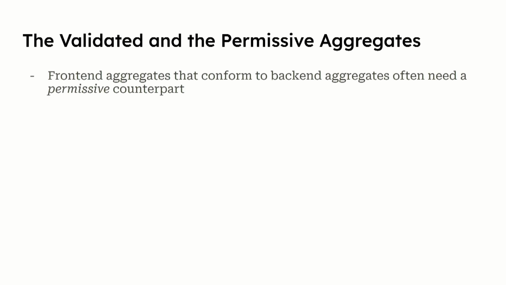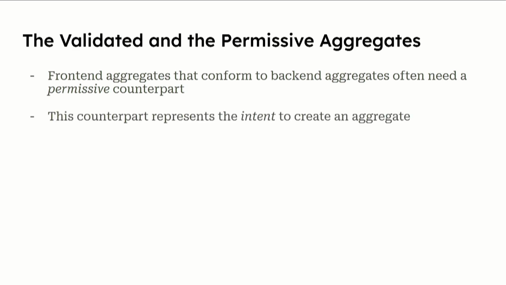It's common for front-end aggregates to conform to some back-end aggregate in a way that they need a permissive counterpart to be able to handle all those business rules on the front end. This counterpart represents the intent to create the actual validated aggregate on the server. In this talk, we're going to call it the permissive aggregate.